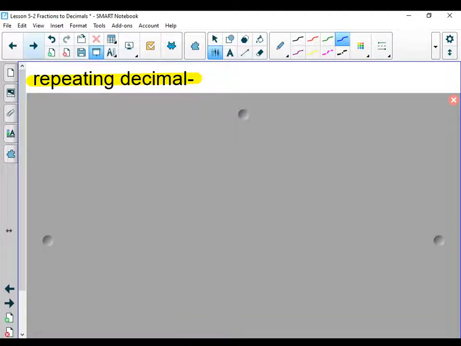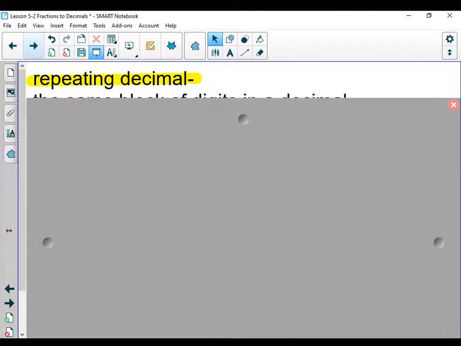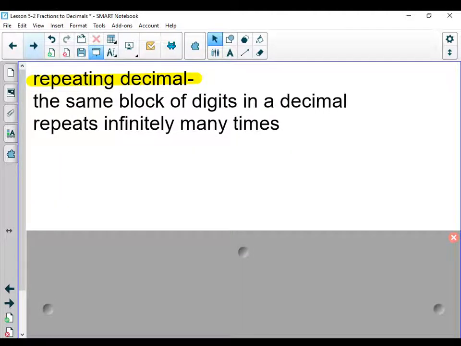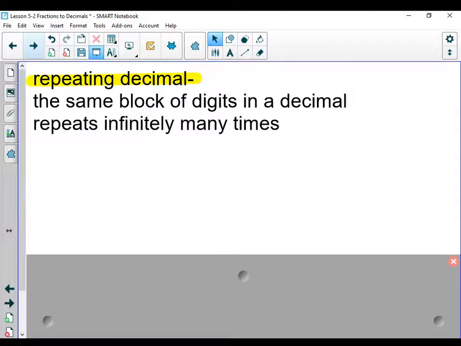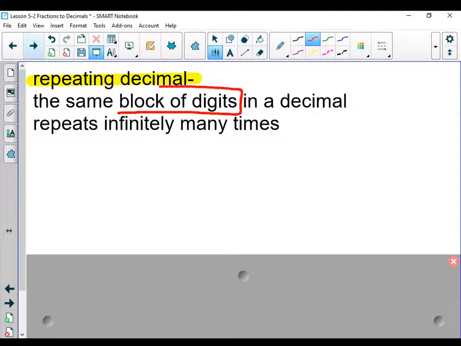If it's not terminating, then it falls under this category of repeating. We also talked about this when we talked about rational numbers. Repeating decimal, the same block of digits, repeats infinitely.